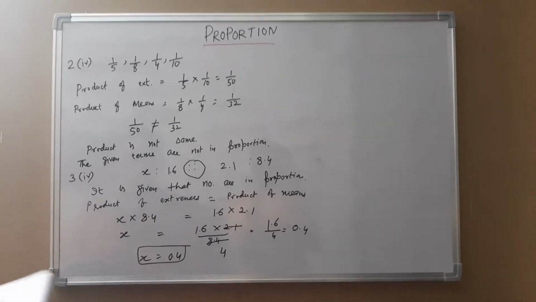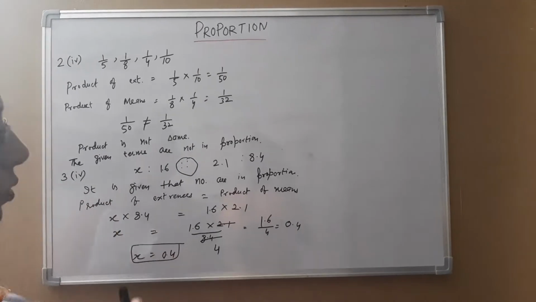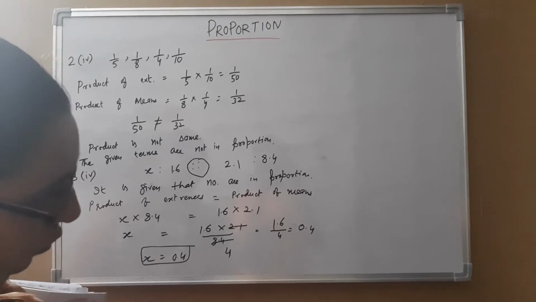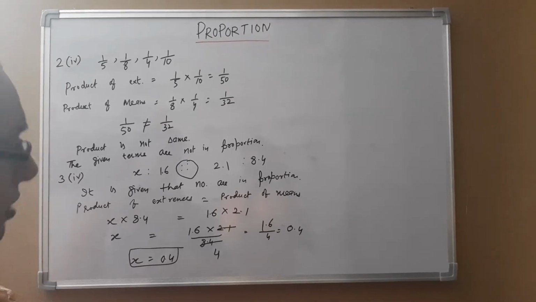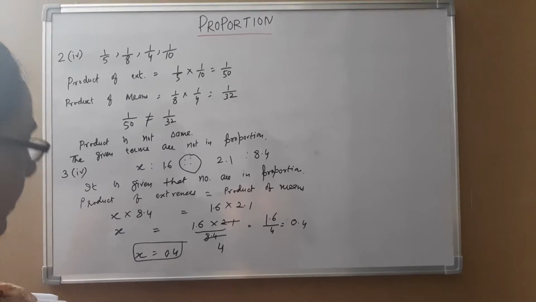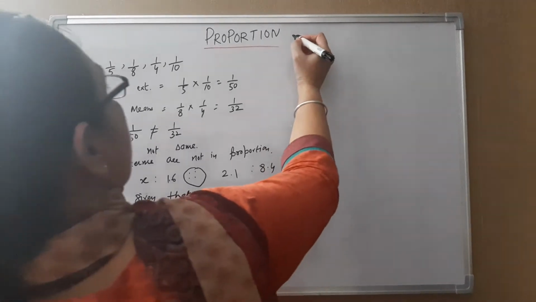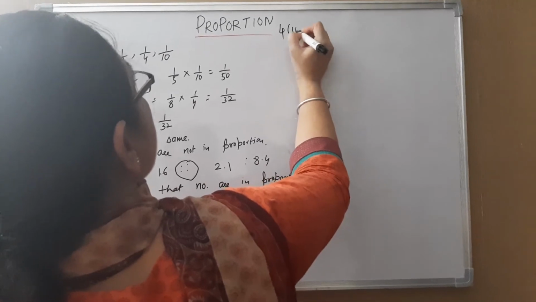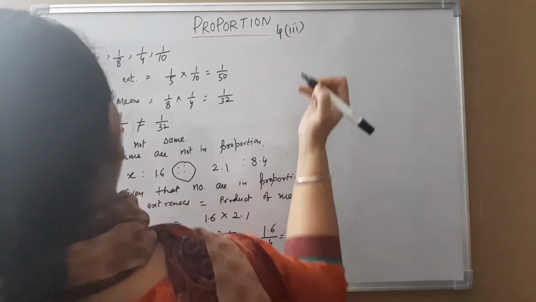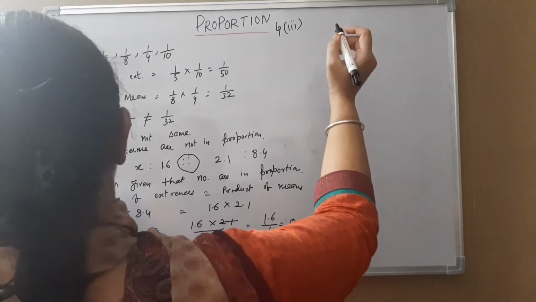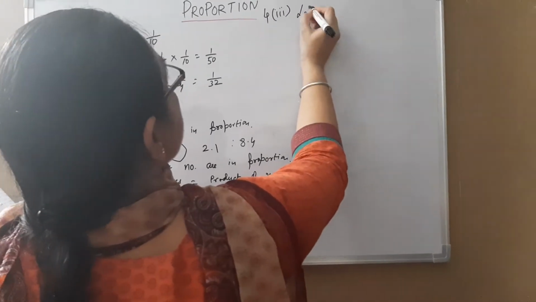Now you know that if numbers are in proportion, their product of extremes is equal to the product of means. Every time we are using the same formula. In question number 4, suppose I'm taking the third part. I'm just trying to take the most difficult one. Here the fourth proportional is missing.